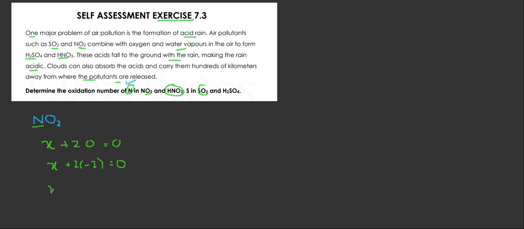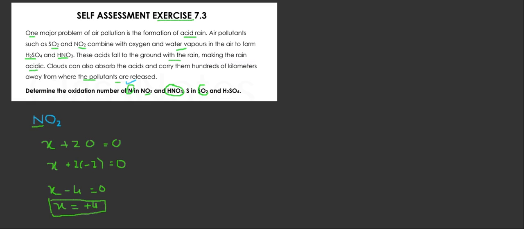So X plus 2 multiplied by -2. What will you get? You will get -4, and that will be equal to 0. So X is equal to +4. Now this is the oxidation state for the nitrogen atom in nitrogen dioxide.